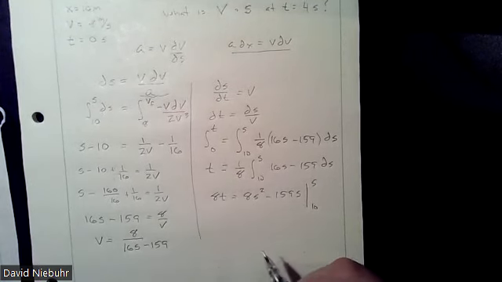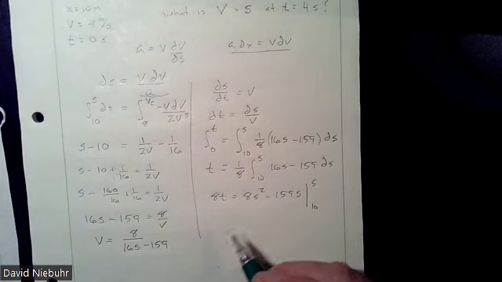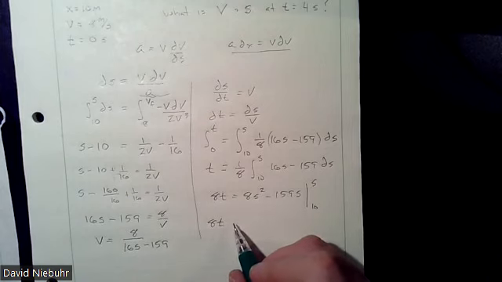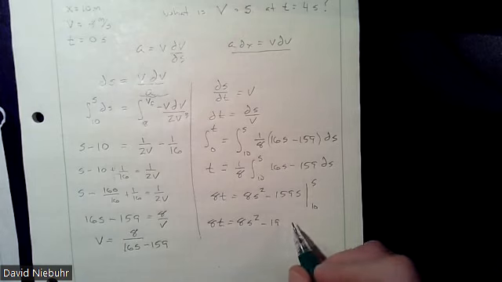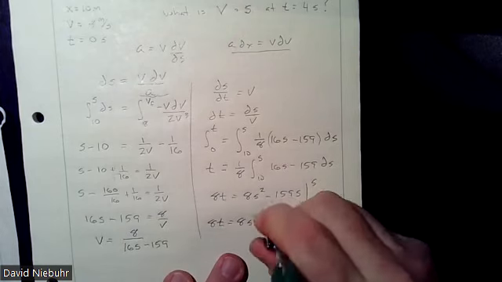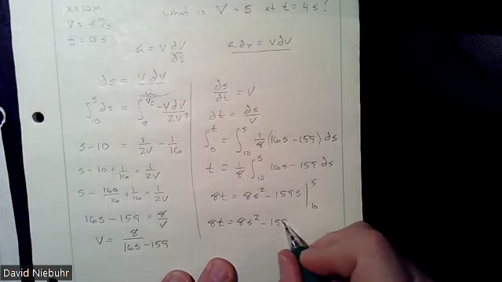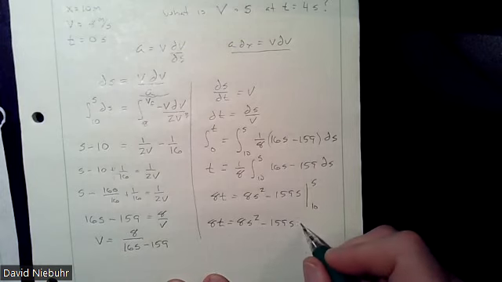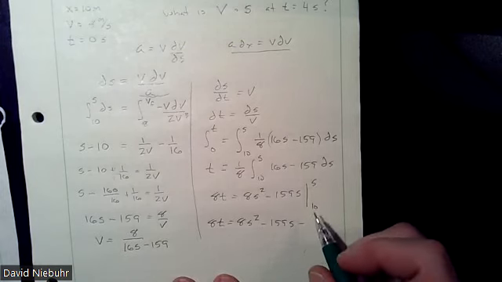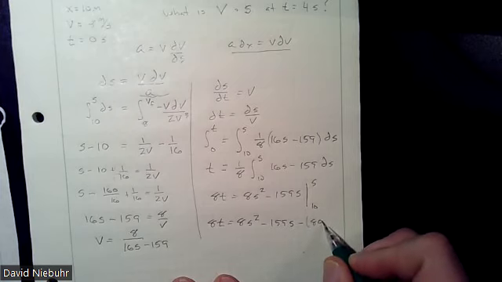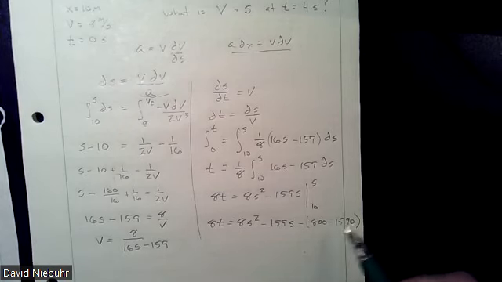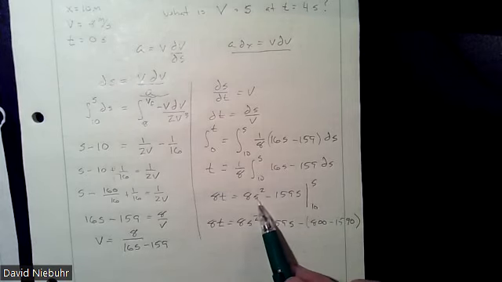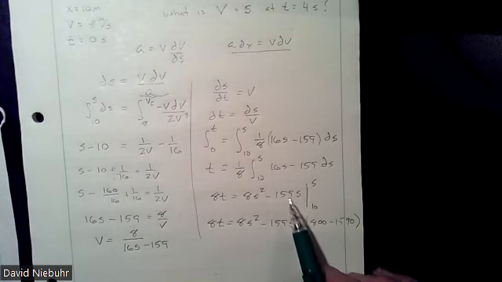So we can then fix that up after we plug everything in to get 8t equals 8s squared minus 159s, minus, and that's going to be a minus 800 minus 1590. So basically evaluating at 10 here is 800, and at 10 there is 1590.